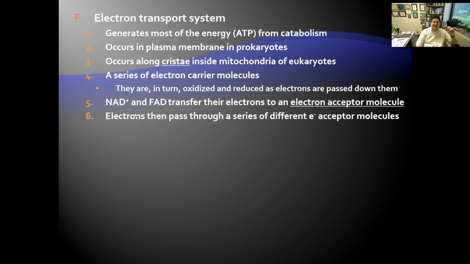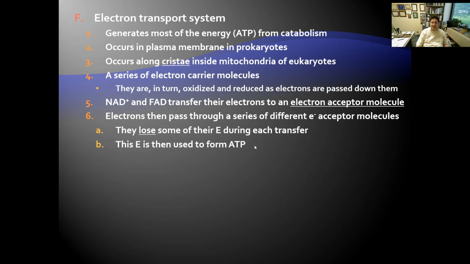So NAD and FAD give their electrons to an acceptor molecule. That molecule gives it to another acceptor molecule, then that one to another acceptor molecule. So the electrons pass through a series of different molecules. That's called an electron transport system.